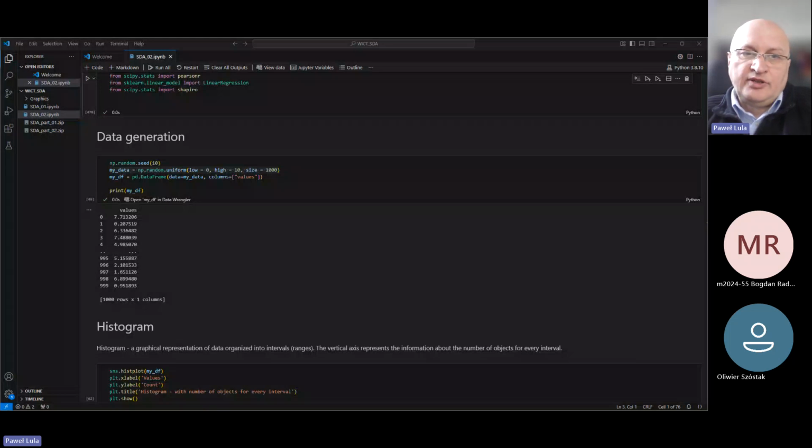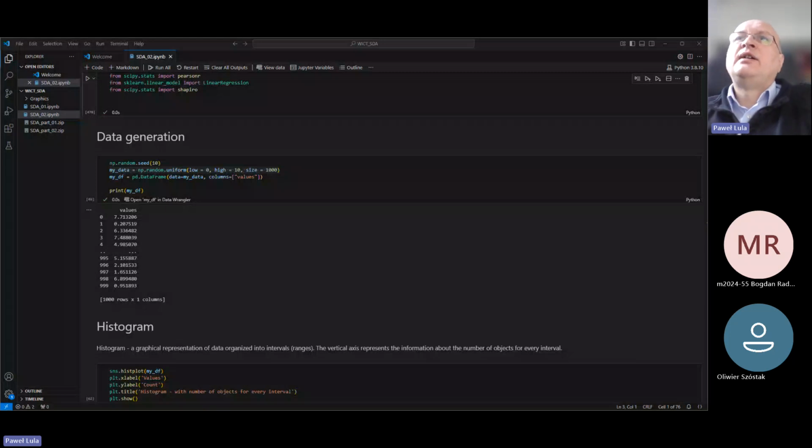Today we will be talking about testing hypothesis, statistical verification of hypothesis, also about random variables, and also about some methods which we can use for measuring relationships between values of different variables. This third topic will also be our main topic for tomorrow's meeting.